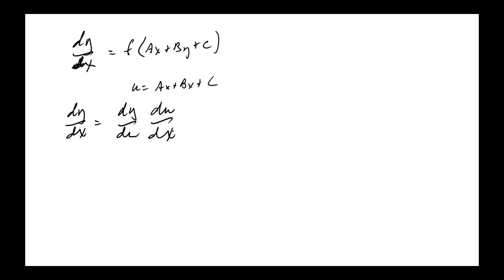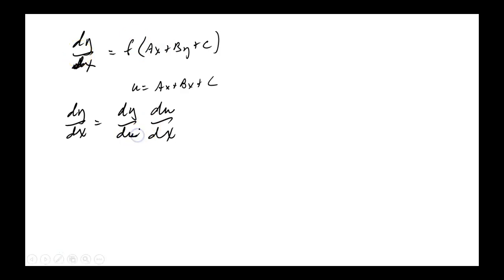Remember that? So this is the setup. This is going to be really easy. When you do the substitution, it's going to be an f of u. That's fine, but this side is going to be a little messier.